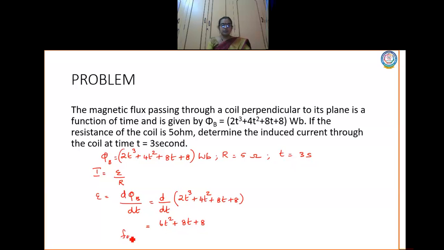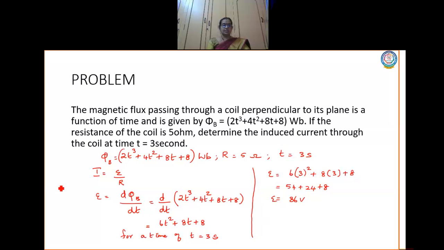So for a time of t equal to 3 seconds, I'm going to substitute this in the equation. EMF induced equal to 6 into 3 square plus 8 into 3 plus 8. So when I simplify this, I have 9 6s are 54 plus 24 plus 8, which is 86 volt.